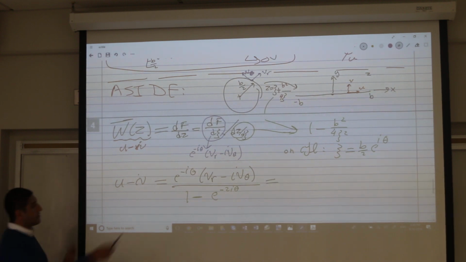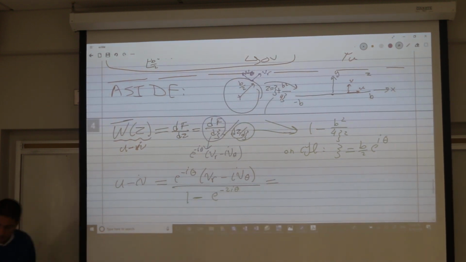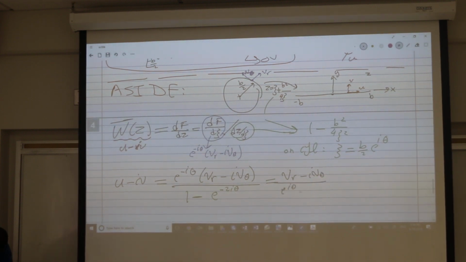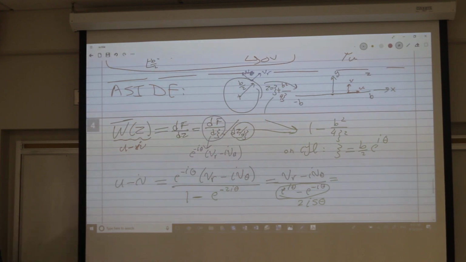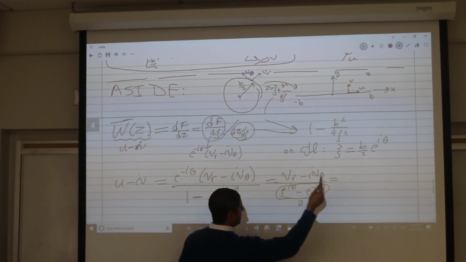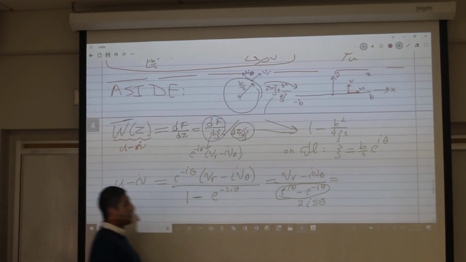So this guy will go here and make e to the i theta minus e to the negative i theta. And what is this? So the real part will cancel and the imaginary part will be 2i sine theta. And the i will go up. Negative i times negative i is negative 1.